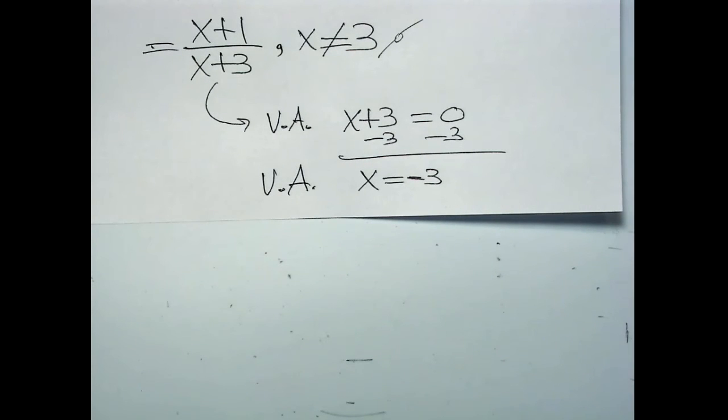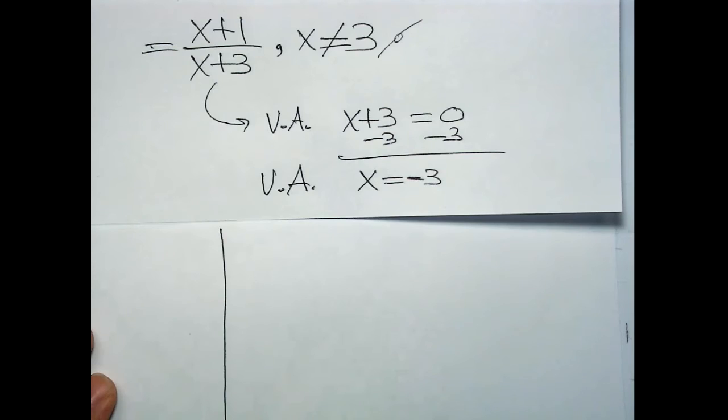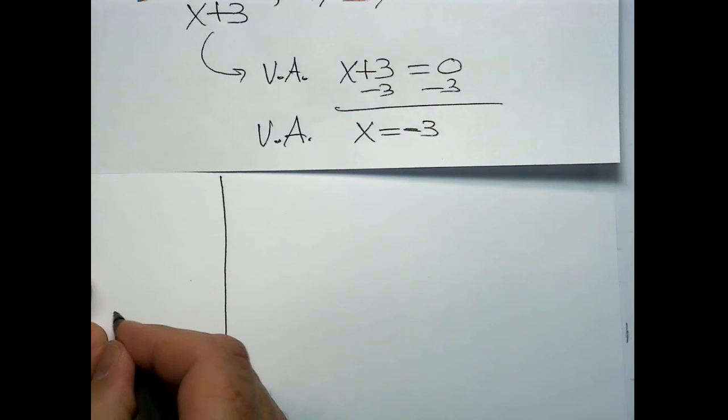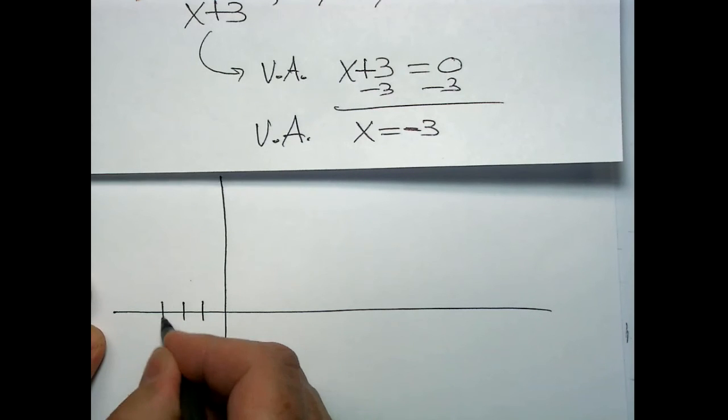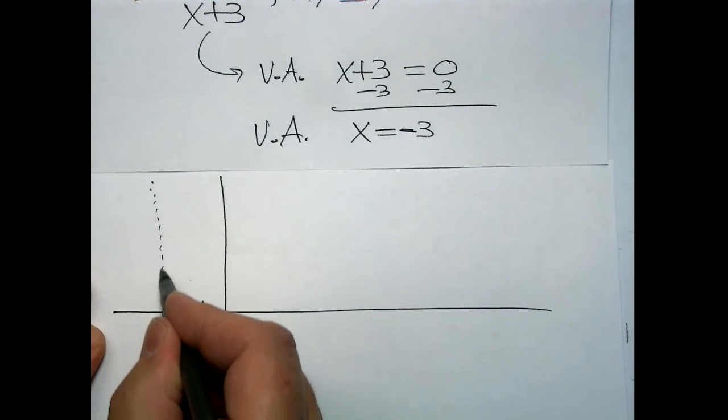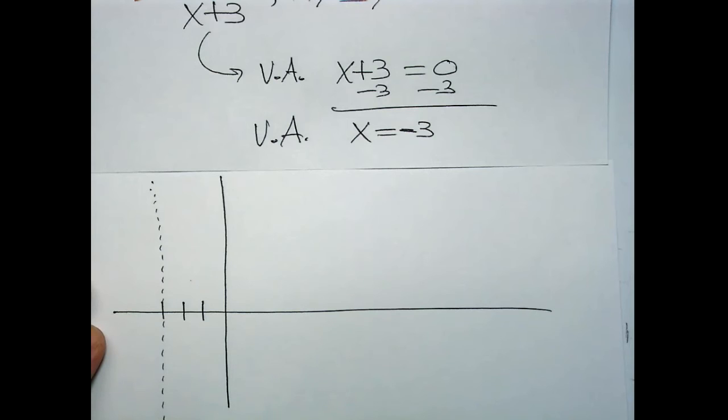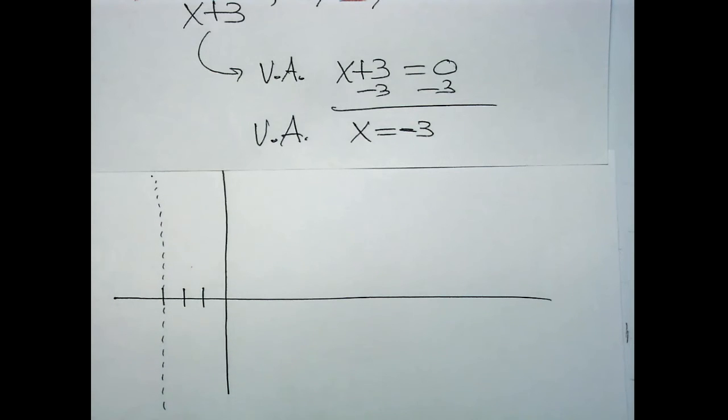Well, if I were to graph this, let's see what this might look like. Here at -1, -2, -3, we definitely have a vertical asymptote, but the problem ends up being I'm not sure which way to go with this.